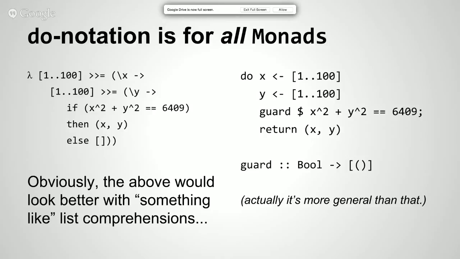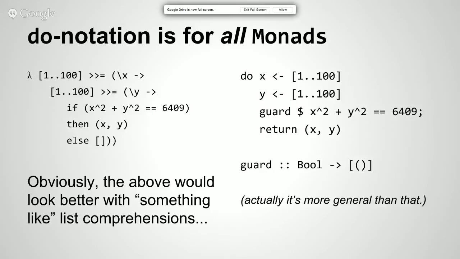So failure case in a bind, or I guess when doing a list comprehension, is really just resulting in an empty list. Exactly. What guard does is, guard true returns a list of one element, and that element is just unit, which means there's no information other than I succeeded.